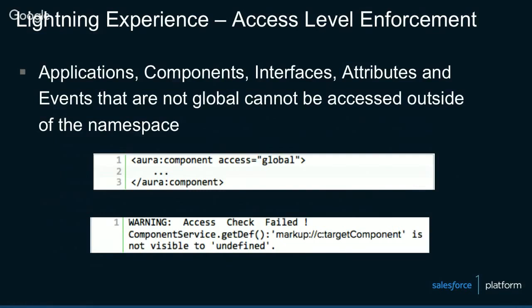If you've done anything with components before, you'll probably see this on attributes of components that you're using or that you've created. So you might have some sort of attribute like name or title that somebody can set, and you didn't have it as global, and they've been using your component and they set it. Everything's fine. But when they upgrade to Spring 16, it's not going to work anymore.